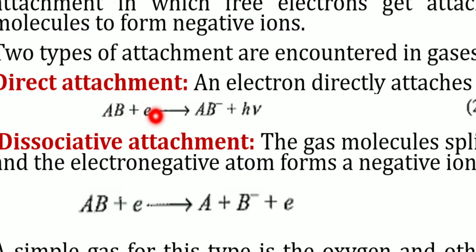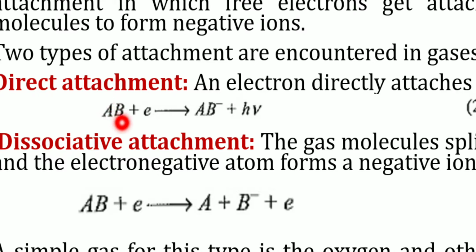When the electron gets attached to the neutral gaseous molecule, it produces the negative ion, which I represented as AB negative. A is the sulfur or carbon atom, and B is the oxygen atom.